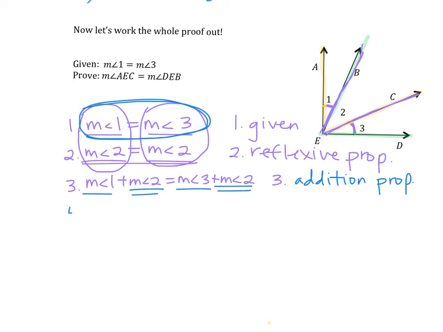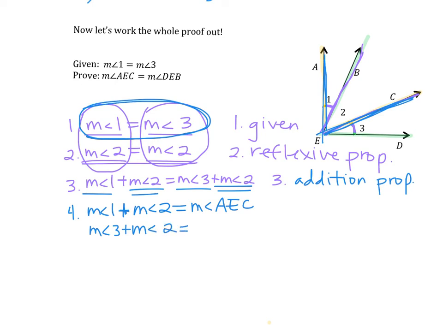So then I can say the measure of angle 1 plus the measure of angle 2 is what angle? Can you name that angle for me? 1 plus 2? Can you name it with letters? One plus 2 would be AEC, right? So the measure of angle AEC. And in that same step, I can also say the measure of angle 3 plus the measure of angle 2 is what angle?